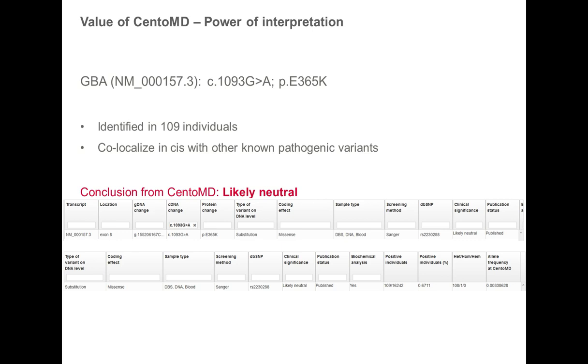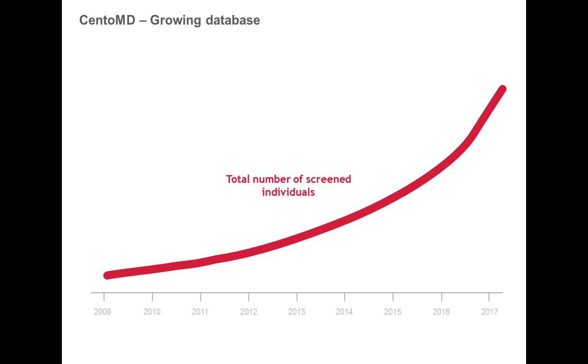So based on that evidence, the lab director at CentoMD classified this as likely neutral. And so it's really nice to be able to get access to a database where you can ask that question, has anyone else out there seen this particular mutation, and if they did, what was the phenotype, and ultimately, how did that lab interpret it? And so that's really the beauty of CentoMD.